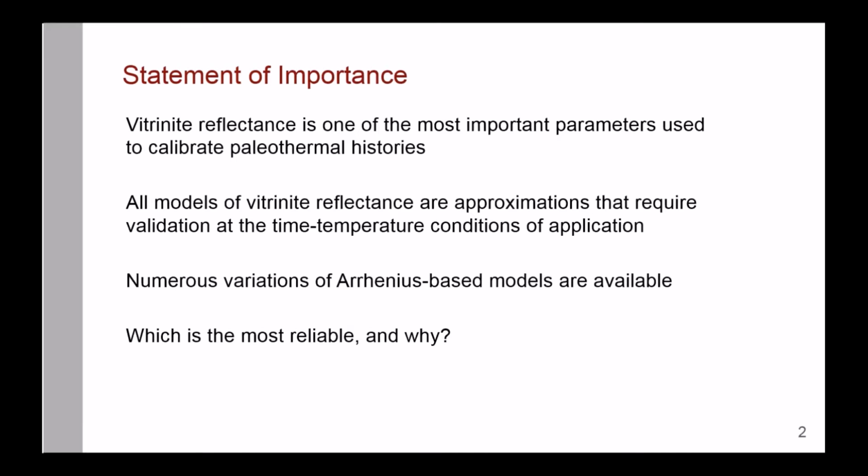There have been many variations of these models developed over the course of history, and I'll go through some of that history. But the fundamental question is, which is the most reliable and why? I wish I could give you a definitive answer, but I think there is still some uncertainty in this aspect, and we'll talk about that.